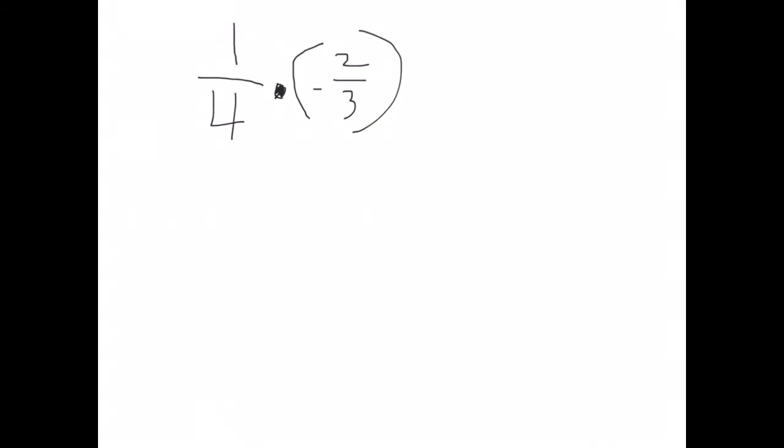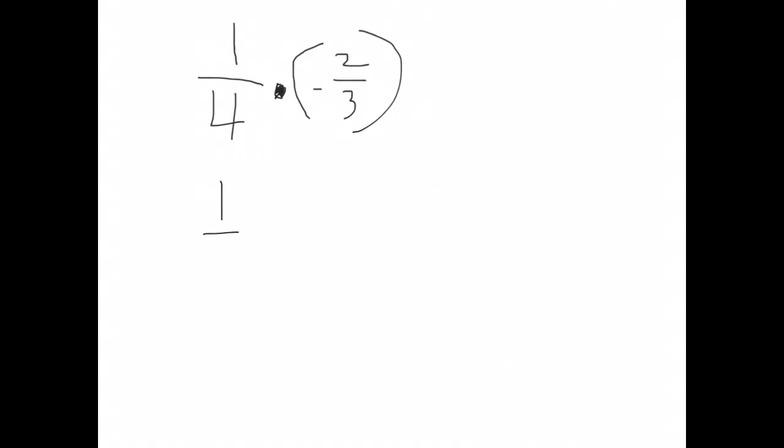Okay, now I'm going to be multiplying fractions. So right now we have 1/4 times negative 2/3. If it was a mixed number, you'd have to go through the whole step of making it improper. But luckily we don't have to do that. So now we're going to rewrite it, so it's a little easier.